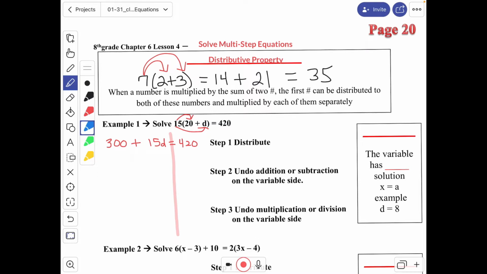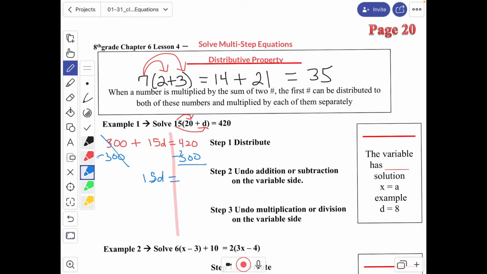So we're doing the inverse operations. Everything's backwards. So the opposite of a positive 300 is negative 300. And we do it to both sides. The 300s cancel. And 15d comes straight down. Equal sign straight down. And 420 minus 300 is 120.